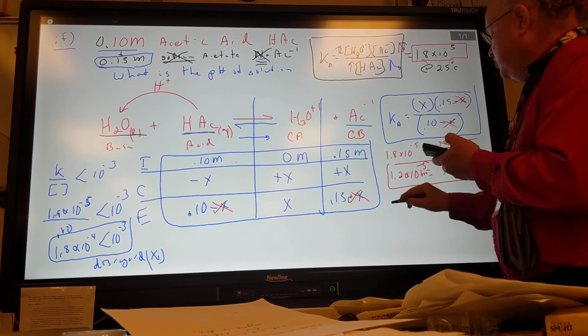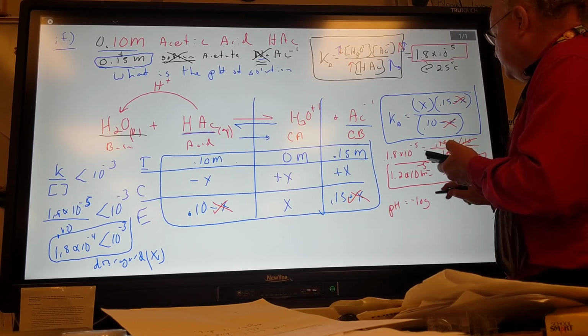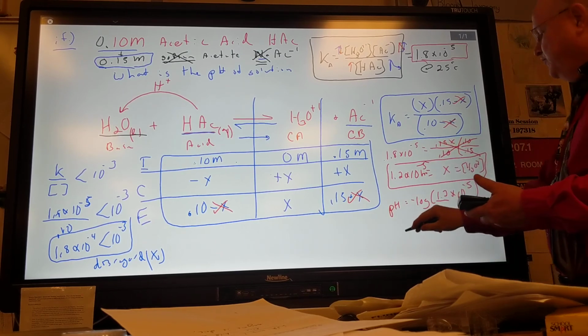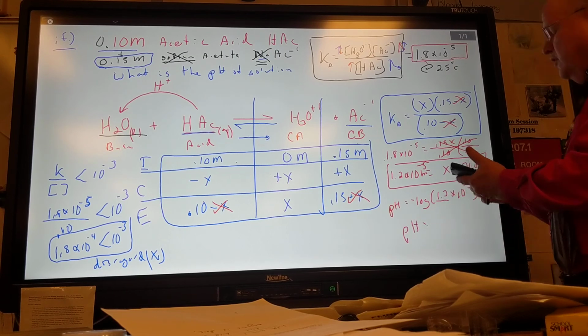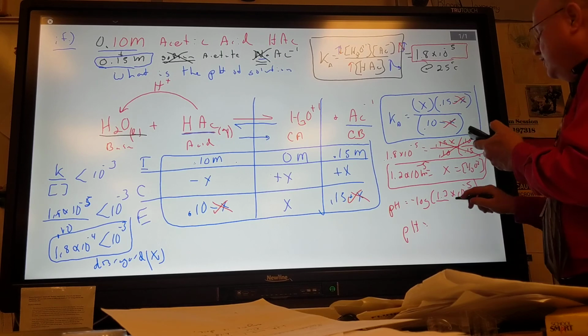Alright, and now I want my pH, which is going to be the negative log of my concentration of H3O. So it's 1.2 times 10 to the negative fifth, which has 2 sig figs in it. So a negative log, my answer, and I get 4.92.